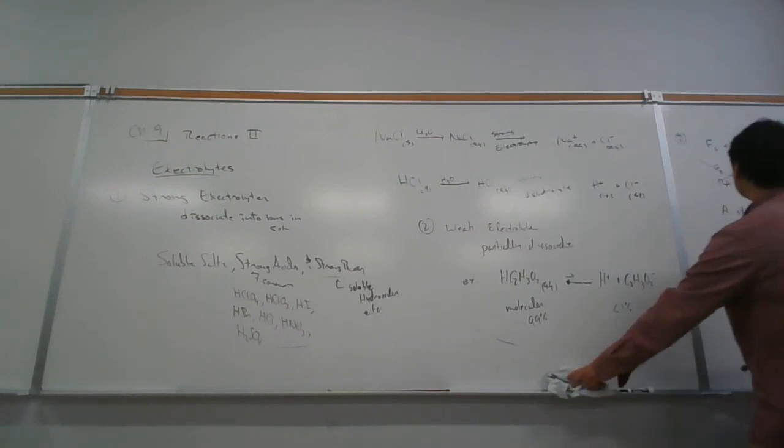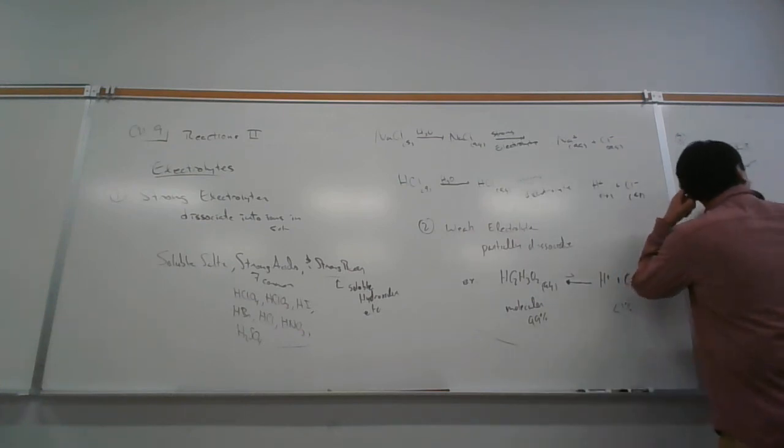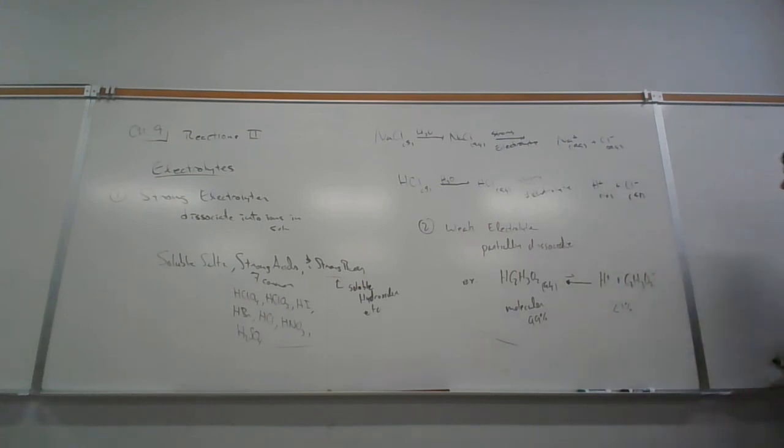So let me try to draw it out. If you have a beaker that's labeled HCl, like this, so you have a beaker of hydrochloric acid, what are you going to find? You're just going to find H plus and Cl minus. That's it. However, if you have a beaker that's labeled acetic acid aqueous, it's a bit different. What are we going to find?